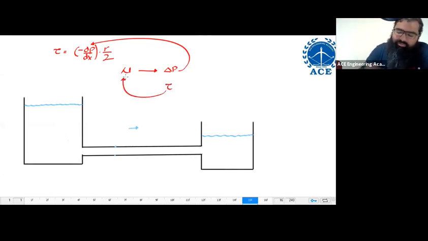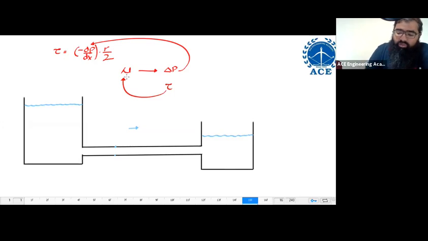This shear stress is by virtue of viscosity. In some cases, surface roughness will also create shear stress. Because of this shear stress, you are going to have losses.